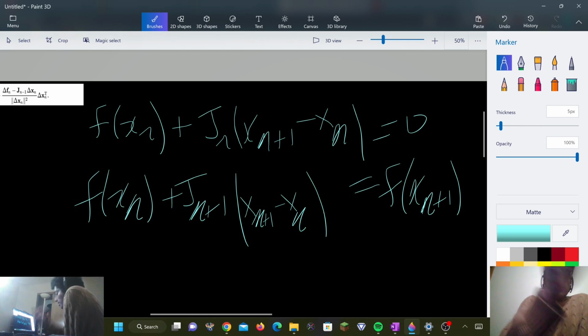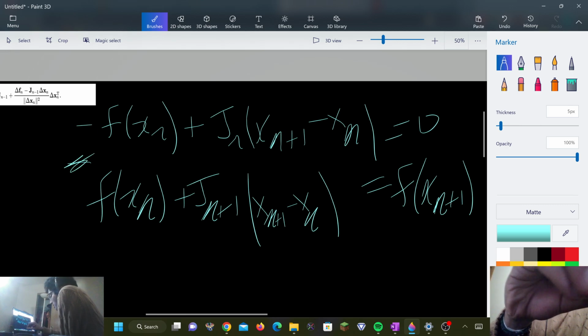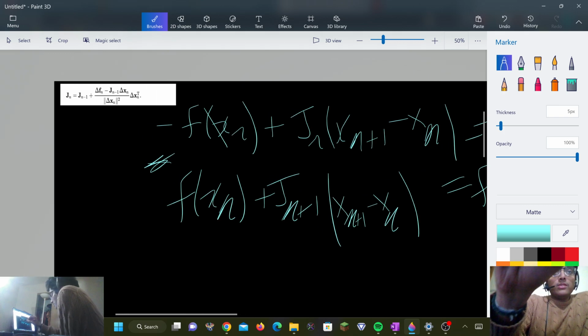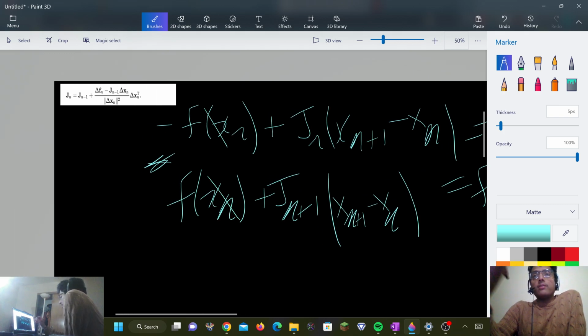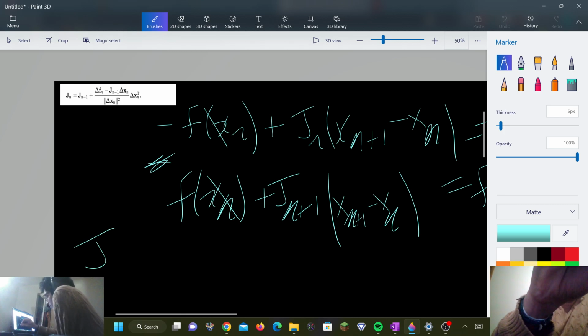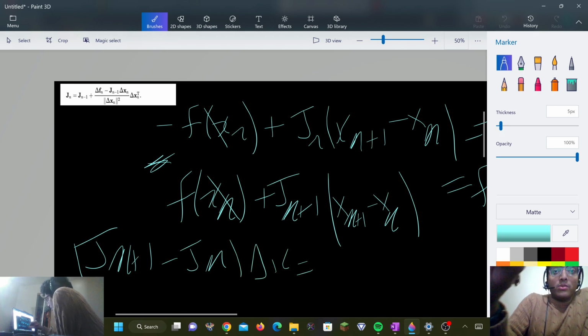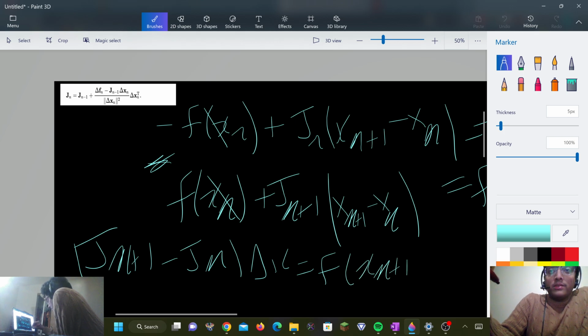Now if you subtract these two equations, bottom minus top, these two cancel, and I'm going to call x n plus 1 minus x n delta x. You get (J sub n plus 1 minus J sub n) times delta x equals f evaluated at x n plus 1.